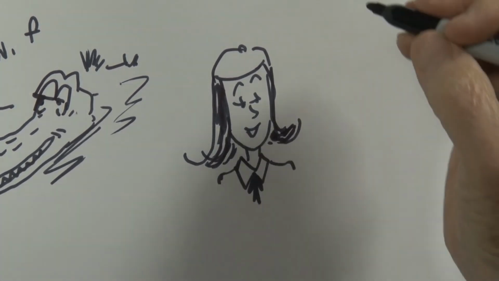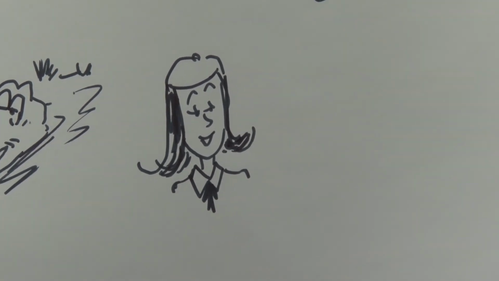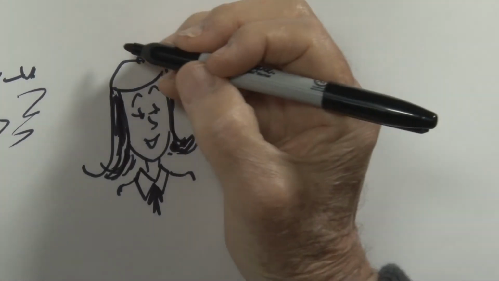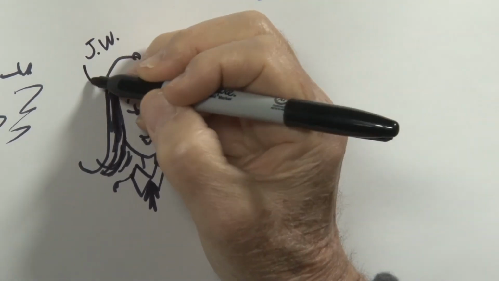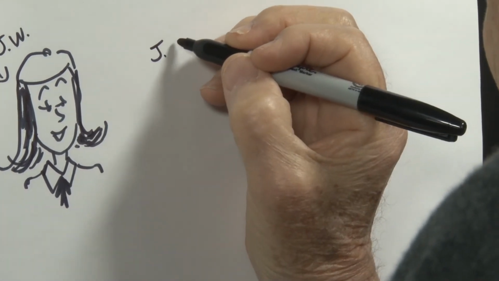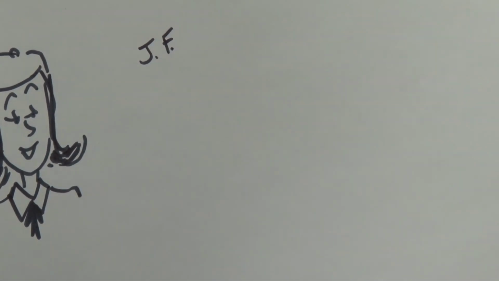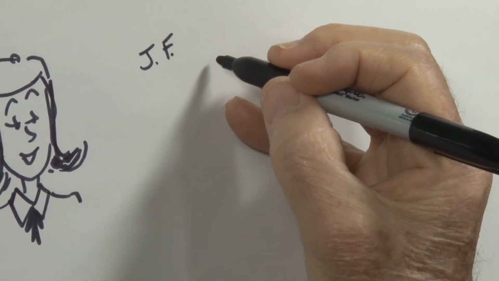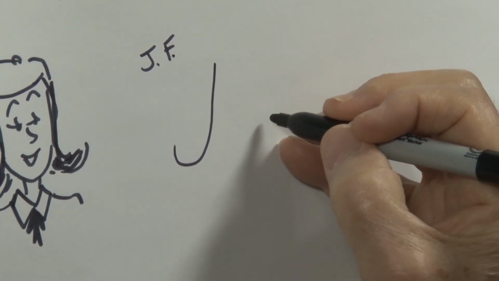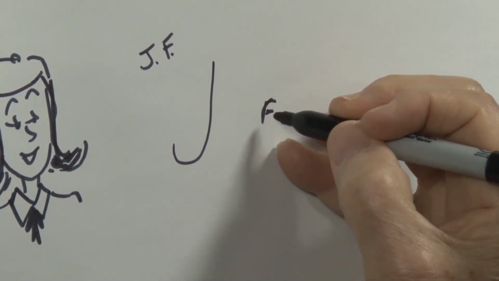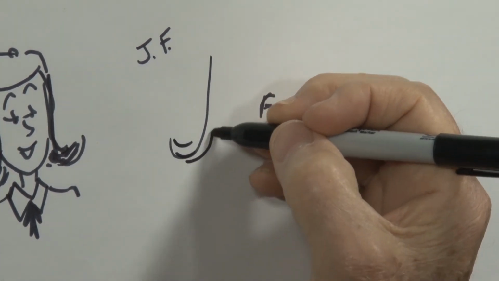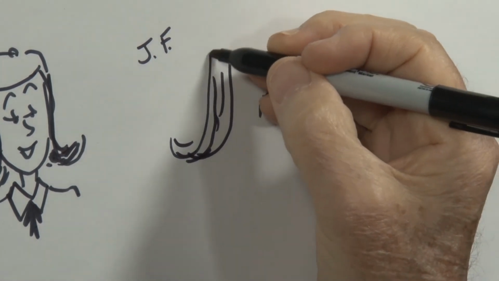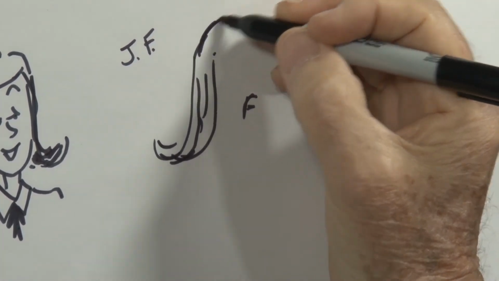The next one is a JF. Put JW here so we can remember who that is. A JF is my last one. Well, I'm going to continue with the curly hair. I'm going to put an F out kind of like that. This is another girl with long curly hair.